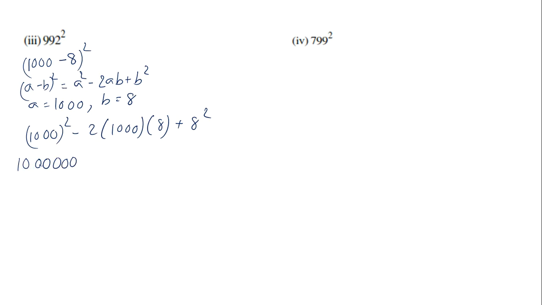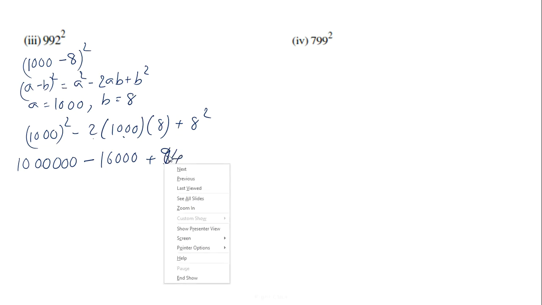So it is 10 lakhs minus 2 into 1000, 2000, 2000 into 8 is 16,000, plus 8 square is 64.